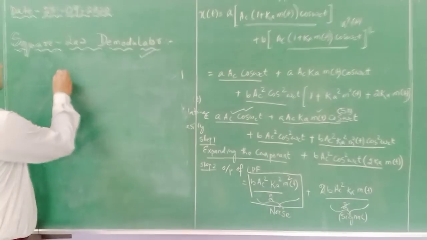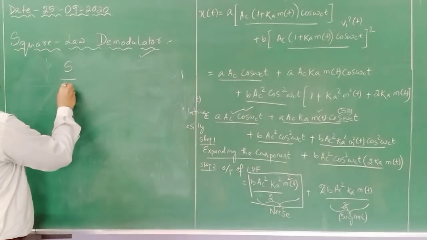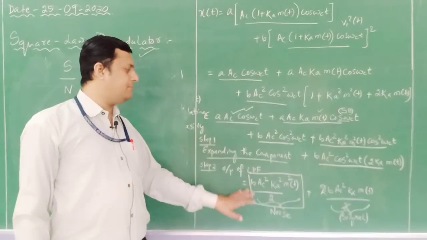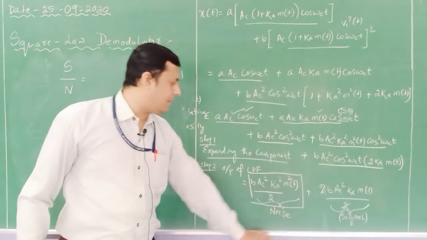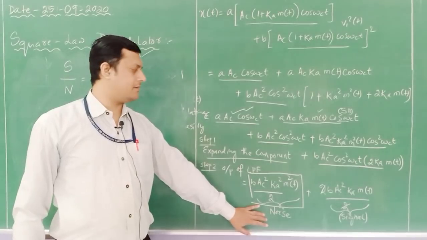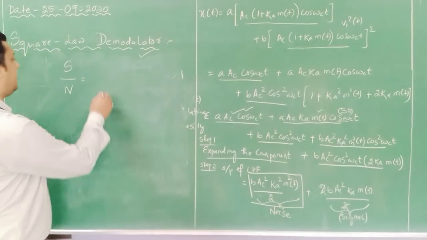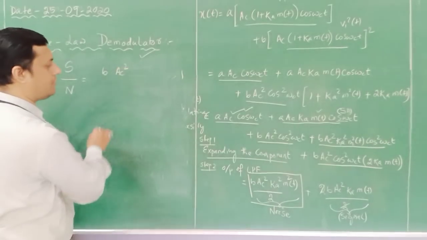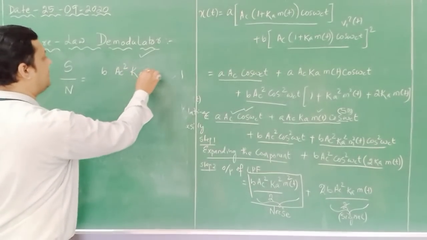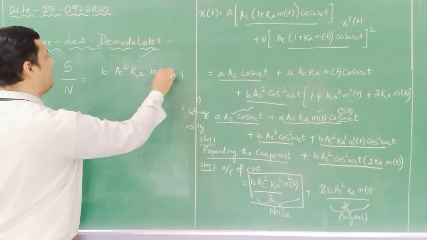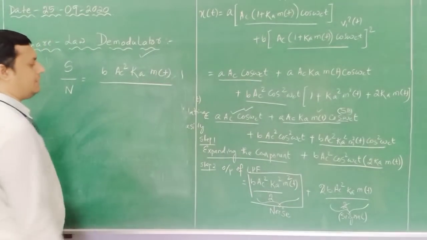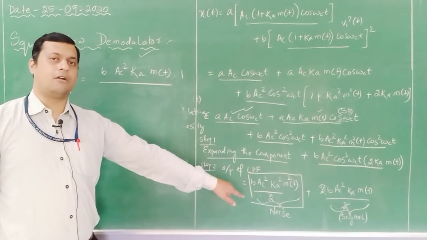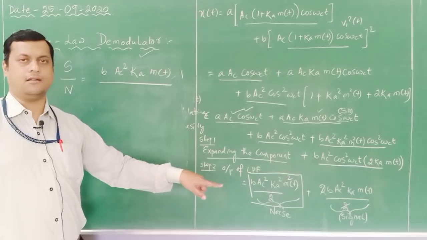So here you can see signal power divided by noise power. As the output of the LPF we have seen this is the signal power and this is the noise power. Signal power is B into Ac square into amplitude sensitivity into m of t, divided by the noise component, the harmonic component of the modulating signal, which contributes as noise.